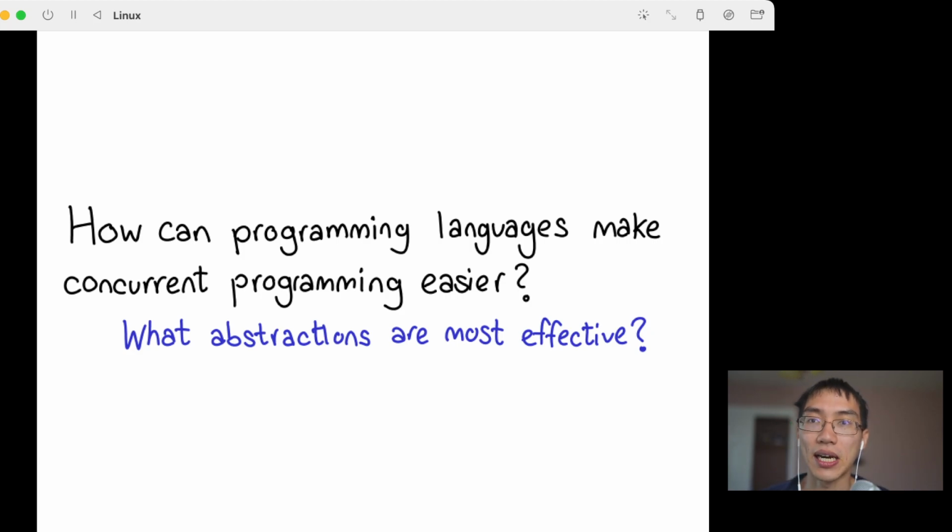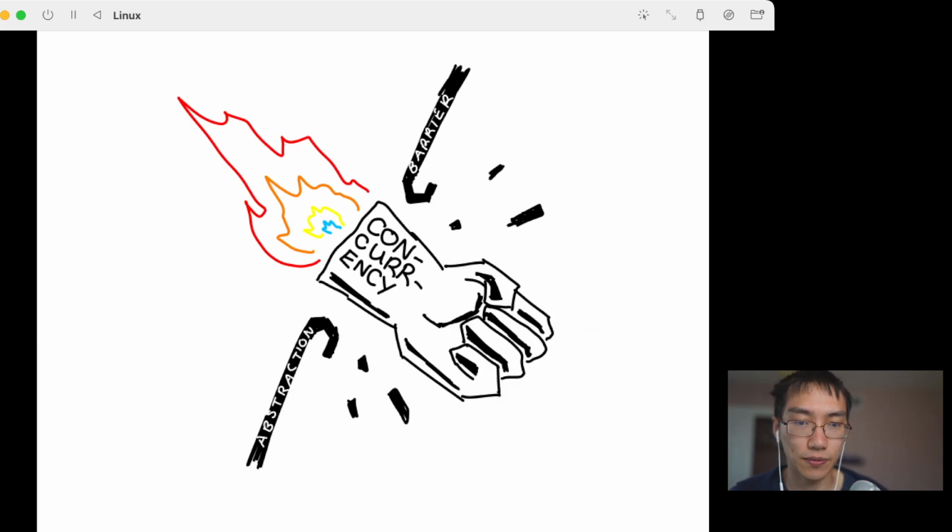We'll look at a few examples of people having done this. But in general, it's very hard to write good abstractions for concurrent programming. And we'll often need the extra tools that a programming language gives us to get something that is at all reasonable. We'll be looking at a few different systems for doing concurrency in various programming languages.